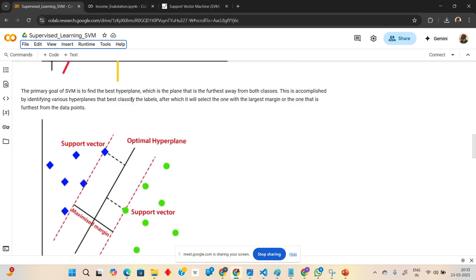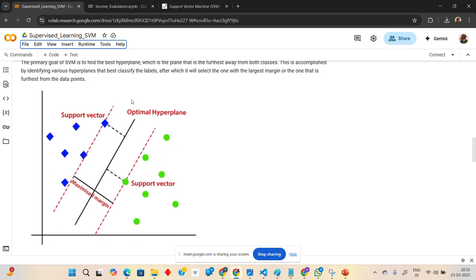The primary goal is to find the best hyperplane that is furthest away, meaning the distance is more. That is what maximizing the margin means. This is accomplished by identifying the various hyperplanes that best classify the labels, and then selecting the one with the largest margin.